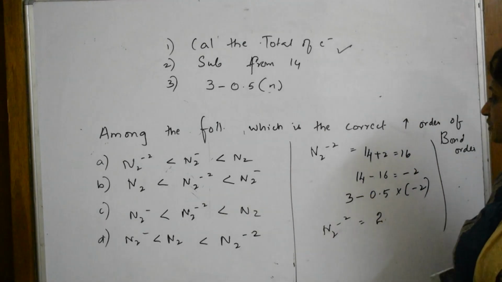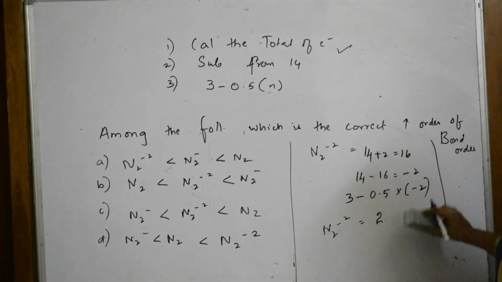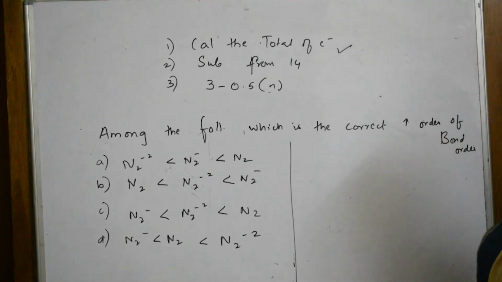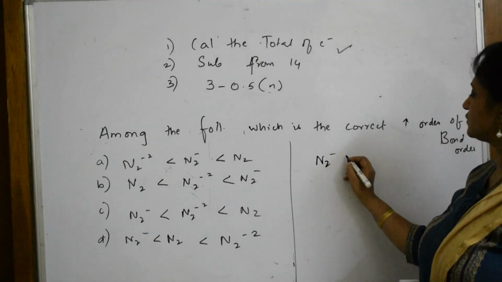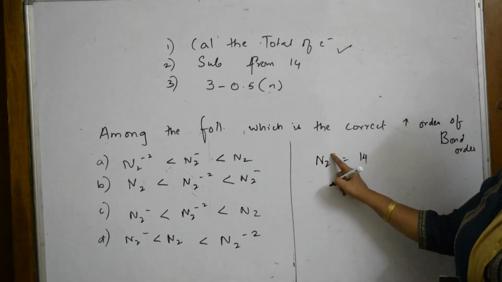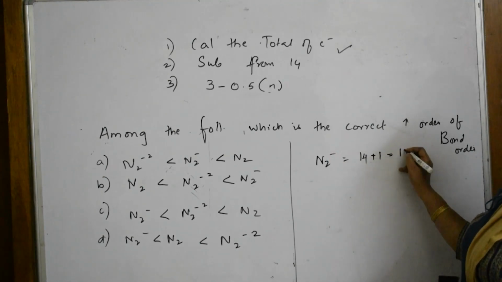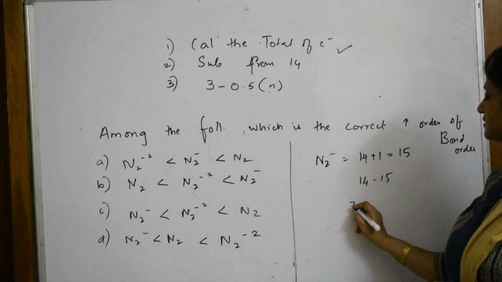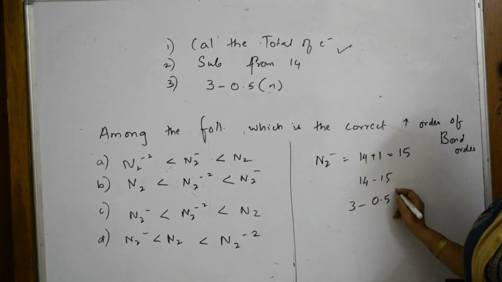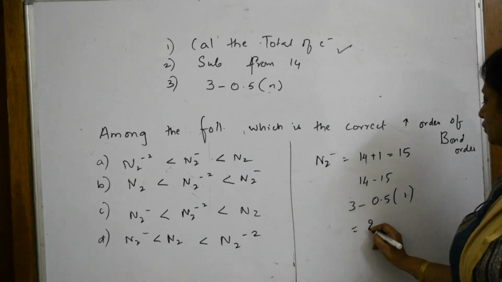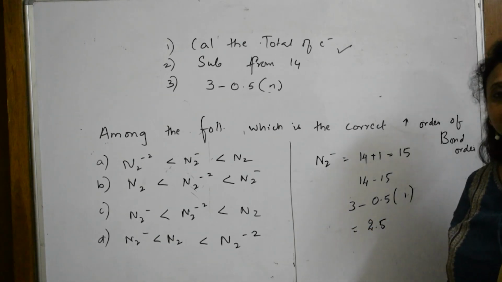Yes. Done. So same procedure. If I have to do for the next one, I'll erase this, and the same thing for next one, that is N2 minus, same thing, 7 into 2, 14, minus 1 means add 1 electron, 15, 14 minus 15, applied in the third step, 3 minus 0.5 into 1. So this comes to 2.5.